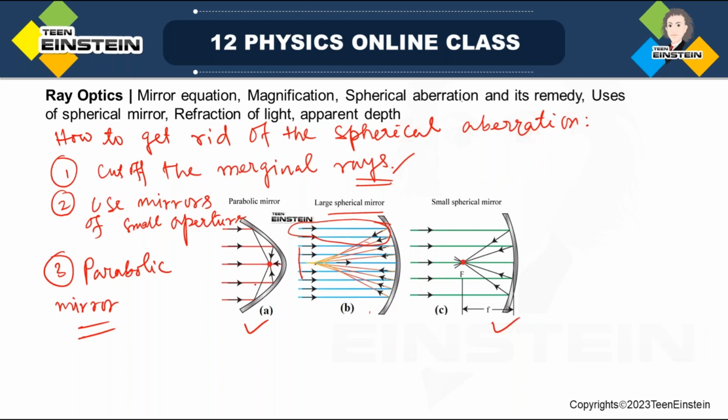In a concave parabolic mirror, you can see there is no spherical aberration. So instead of a spherical mirror, we can use a parabolic mirror. So these are a few remedies.